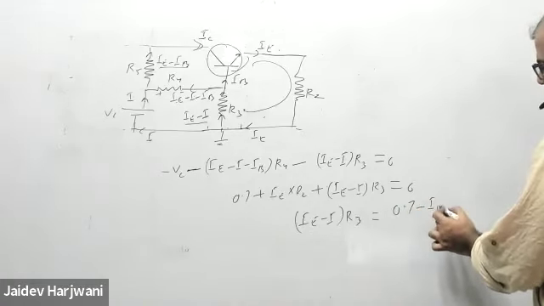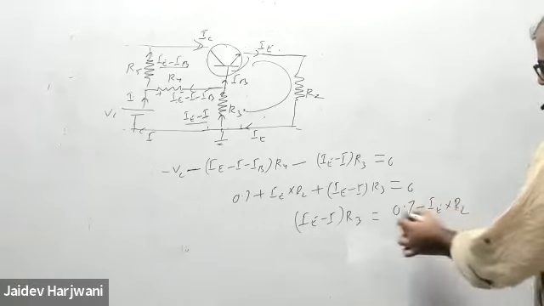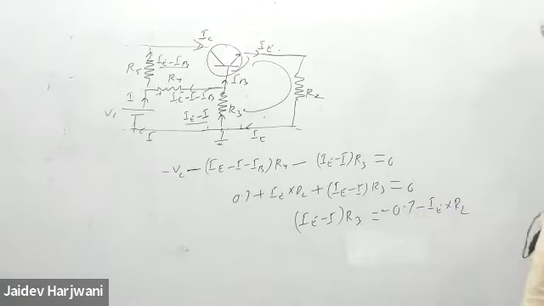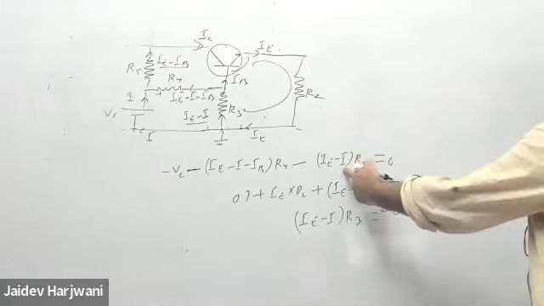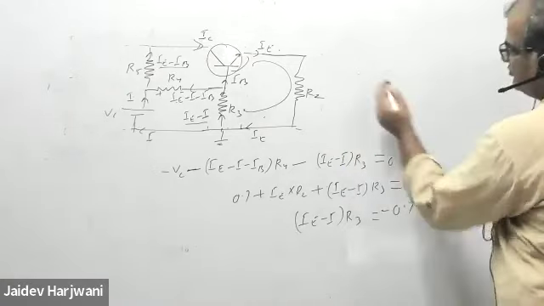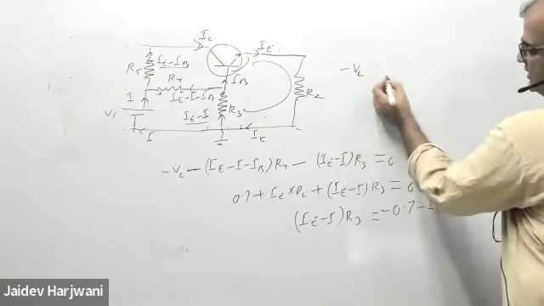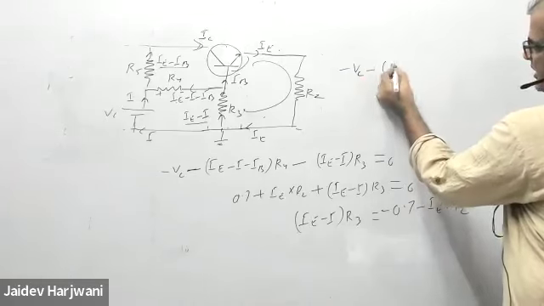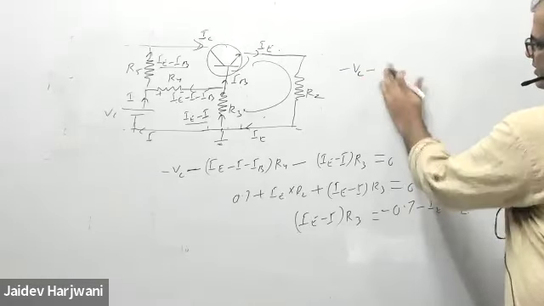So basically your IE minus I into R3 is your 0.7 minus IE into R2, which you can put here. So this will give you minus VC minus IE minus I into R4, okay, plus IB into R4, and minus IE minus I R3 equals to 0.